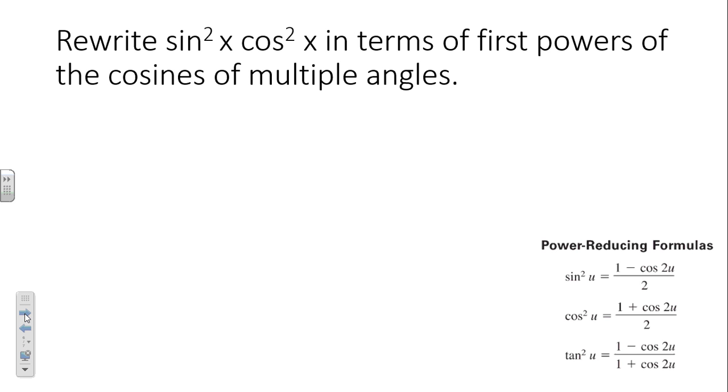From our power reducing formula, we know that sine squared of u is 1 minus cosine 2u over 2. So let's replace the sine squared of x with 1 minus cosine 2x over 2, and we're taking that times the cosine squared of x. So we're substituting this in.